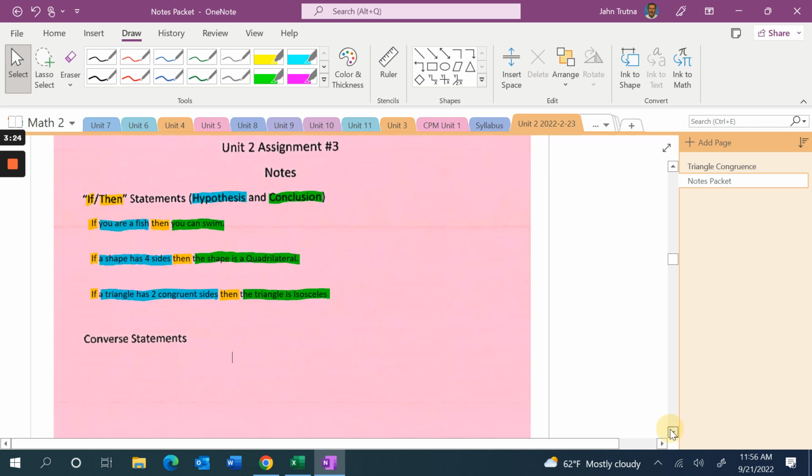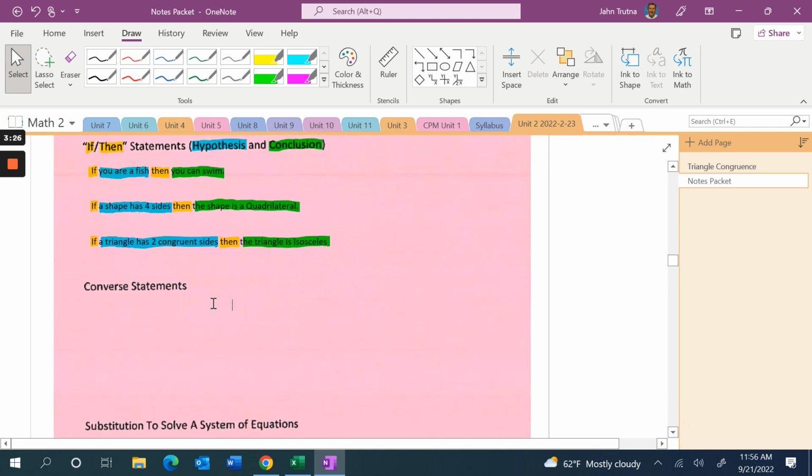Now, every if-then statement has what is known as a converse statement. So what we're going to do here is do 2 things in this problem. Number 1, we're going to write the converse of each if-then above.